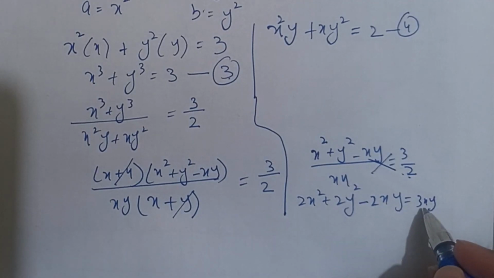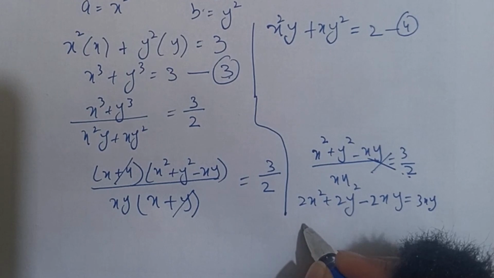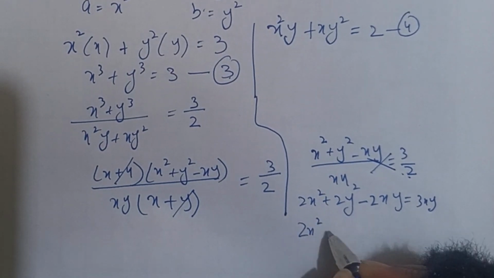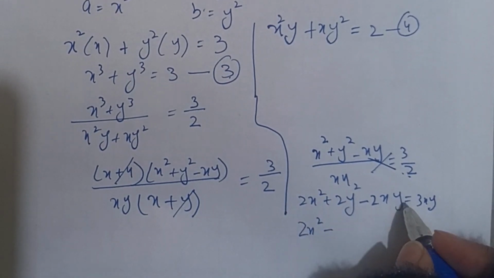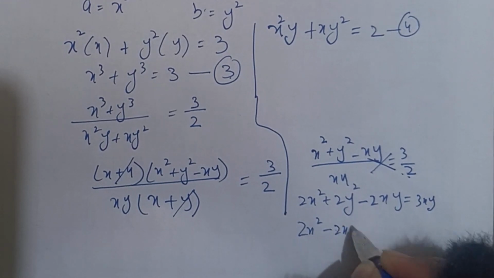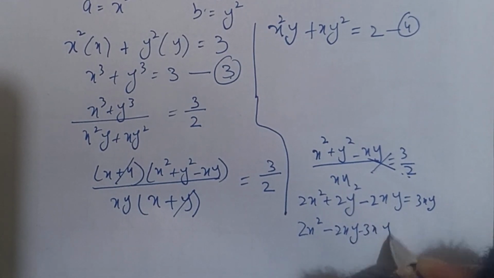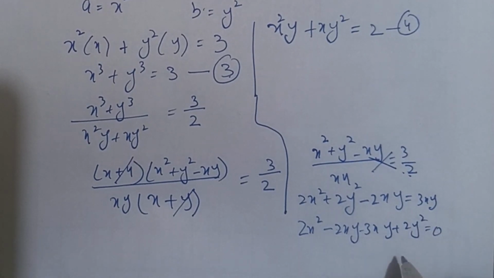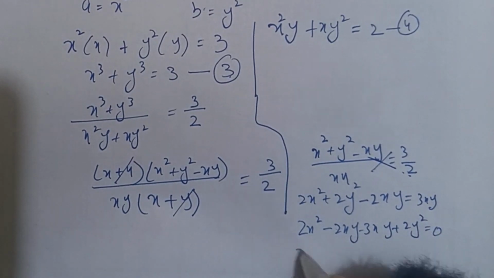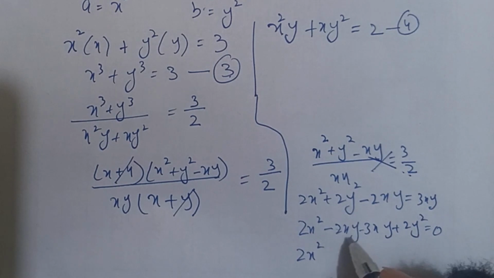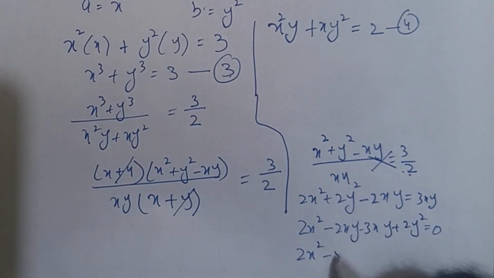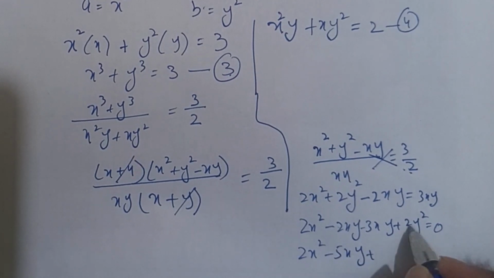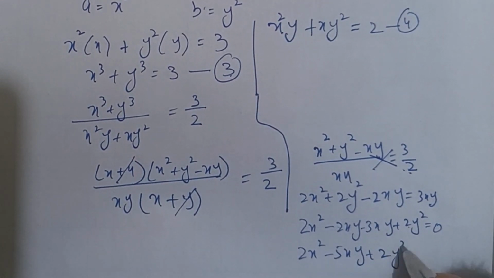And in the next step, if we subtract 3xy on both sides, then we get 2x square minus 2xy minus 3xy plus 2y square, and the right hand side will become 0. And if we solve this, then we get 2x square minus 5 times xy plus 2 times y square is equal to 0.